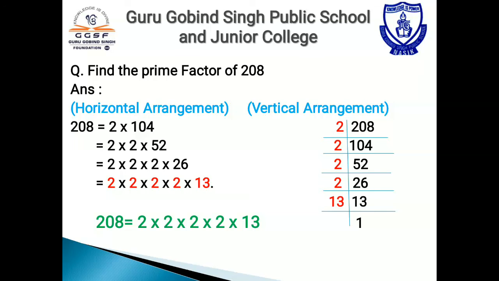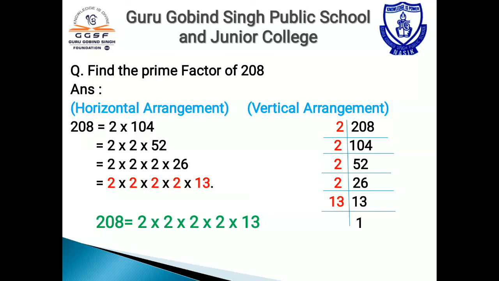Again in the next step the prime numbers are taken downside as they are, and the composite number 26 is split: 2 into 13. So now we see that all the numbers are prime, so we stop. So what we got is 2 into 2 into 2 into 2 into 13. This was the horizontal method.